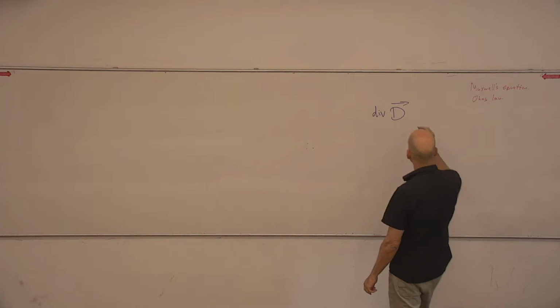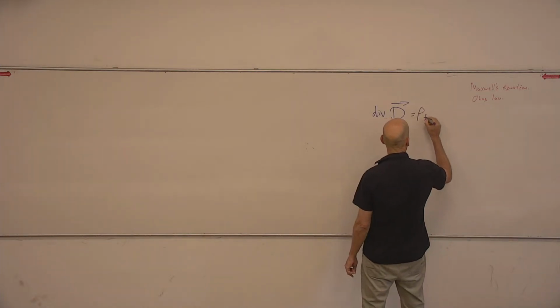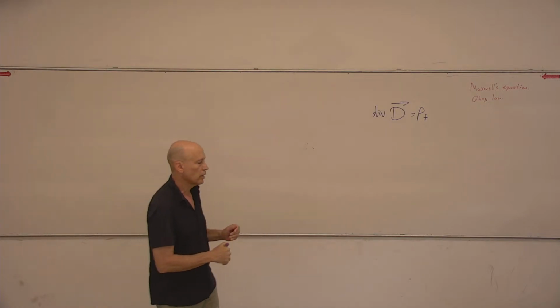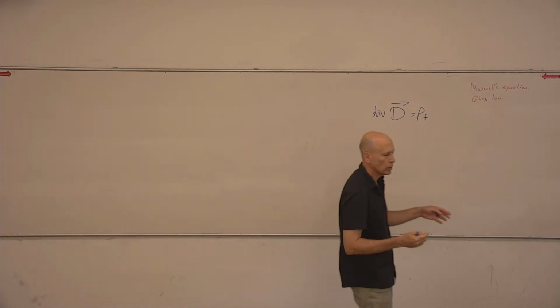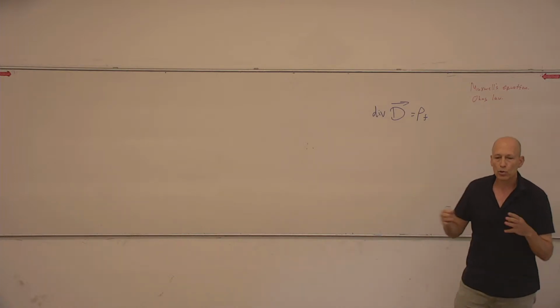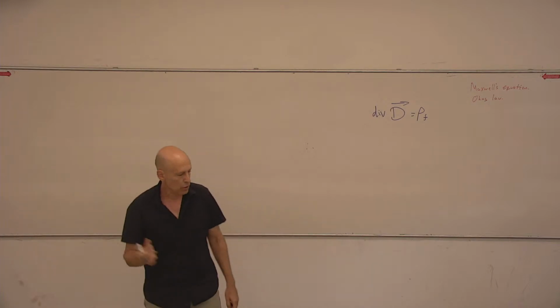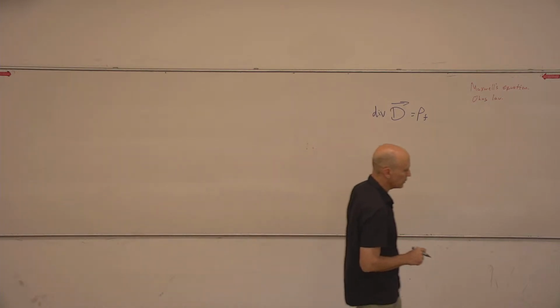This is equal to rho free. The f here is for free charge, charge that can move around in space, that generates usual currents, not other types of currents like polarization currents, etc., that I'm going to discuss later.